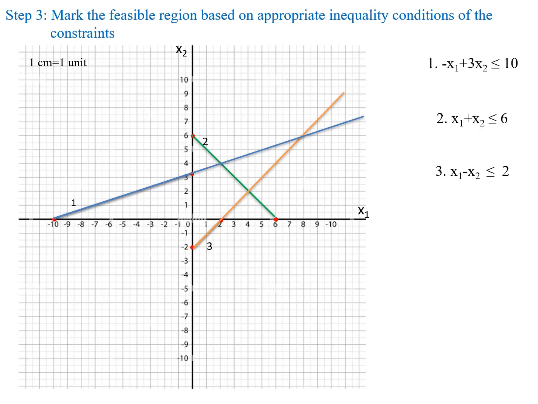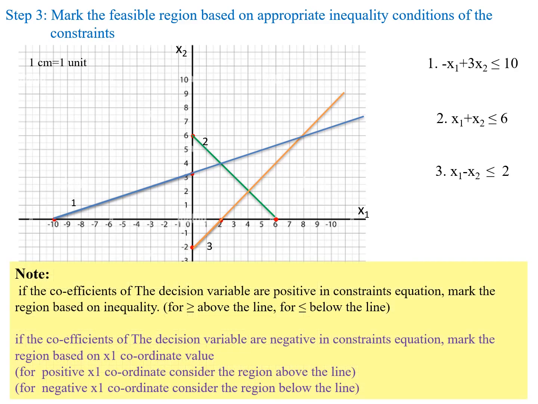Next step is to mark the feasible region based on the inequality conditions of the constraints. So first, mark the region for each constraint. For this, remember two conditions.